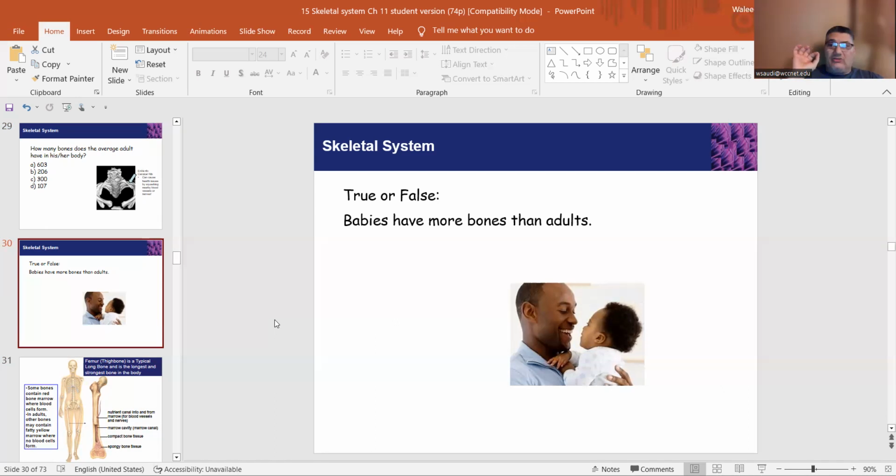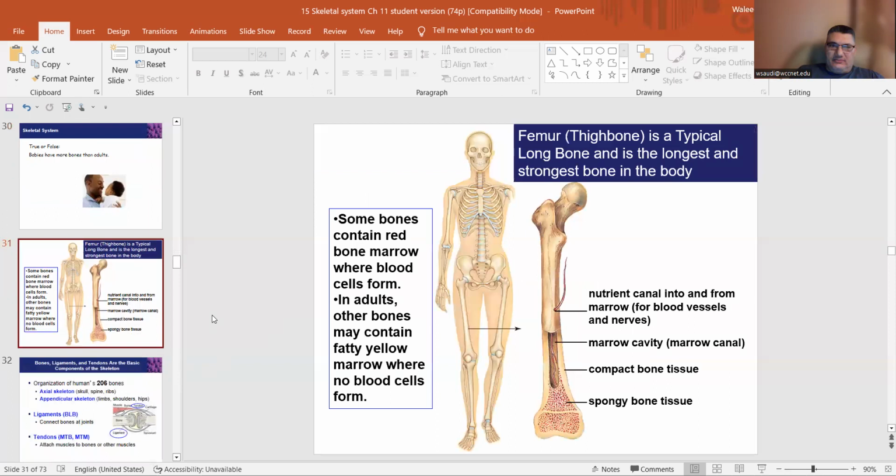So I'm talking about counting only. So yes, babies have more bones than adults because later on, these bones are going to fuse together. And instead of having many tiny bones, they have one big bone. So is the bone size decreasing? Actually, no, it's the opposite. The number is decreasing.